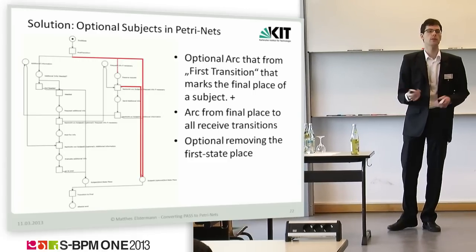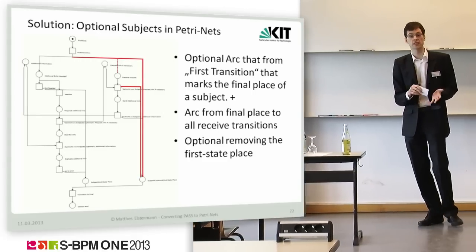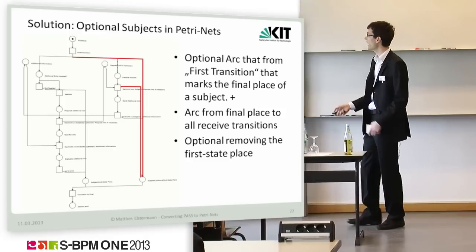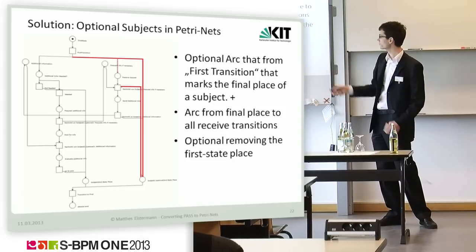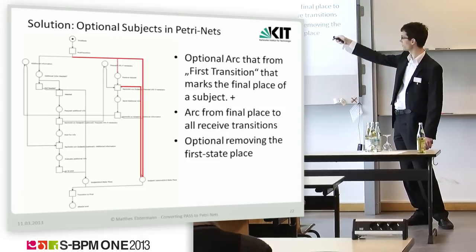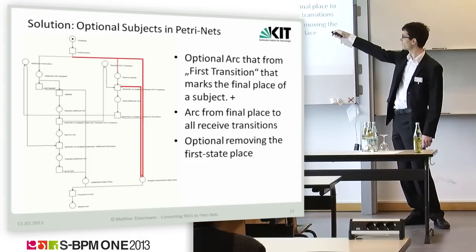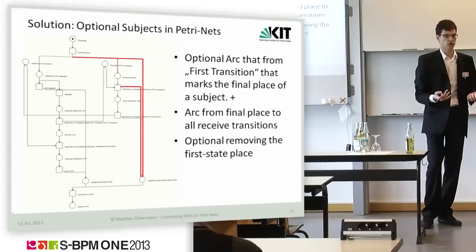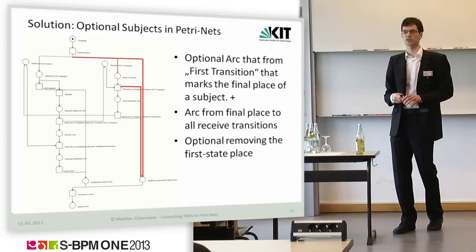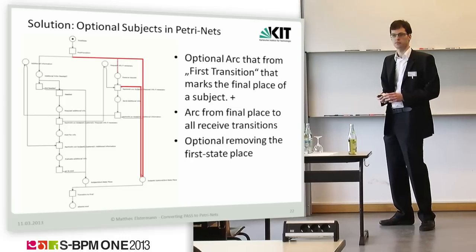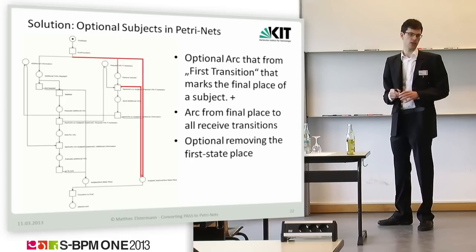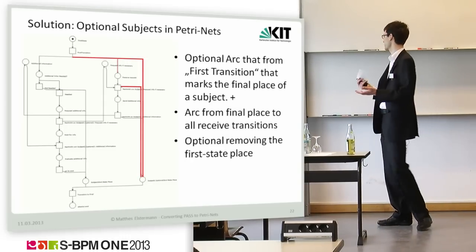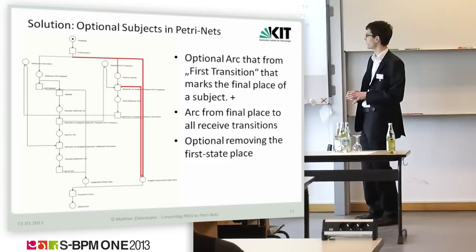The advantage is you can keep the workflow property going on. The disadvantage is that you leave markings if the subject is never instantiated. You keep a token in the game, which is not the biggest problem, but it's not a clean modelling in Petri-Net standards.